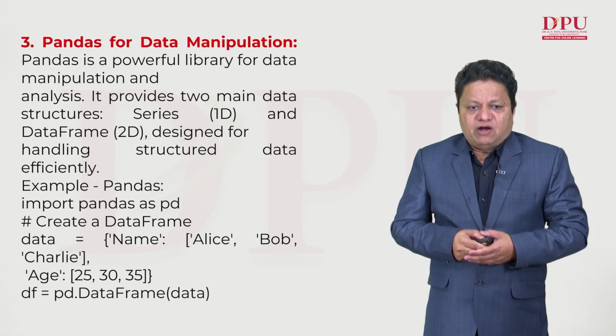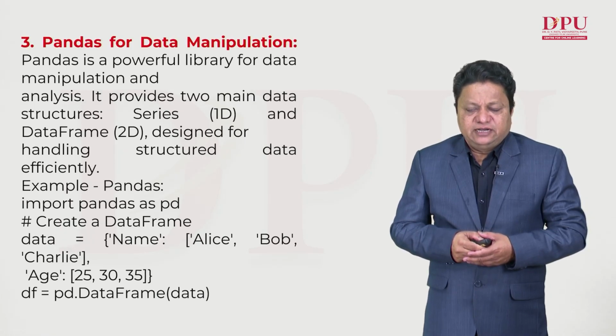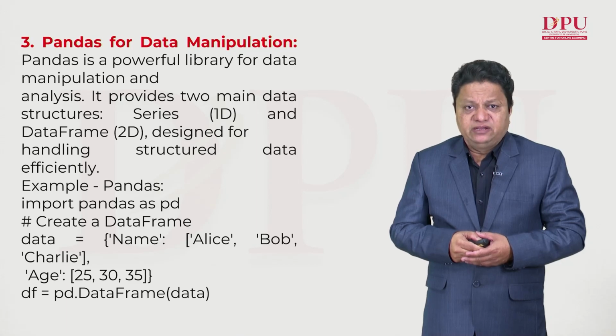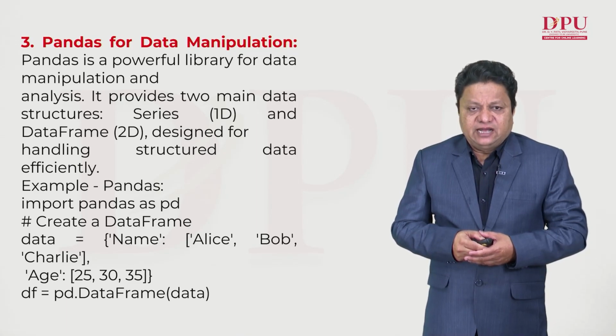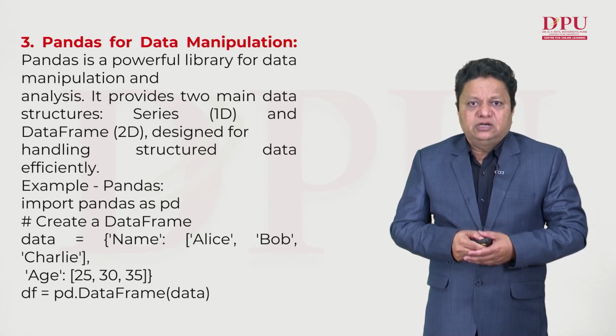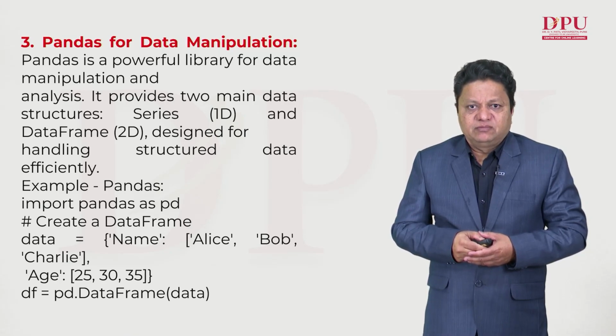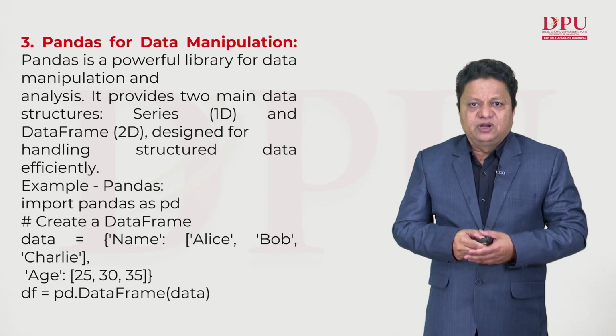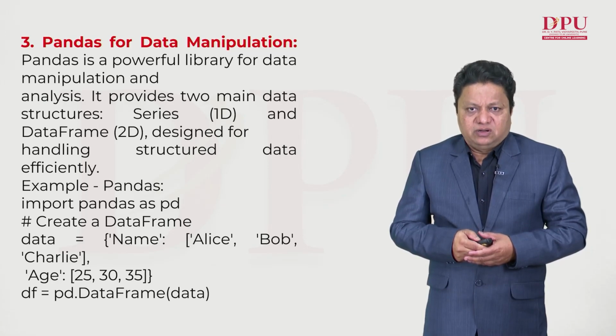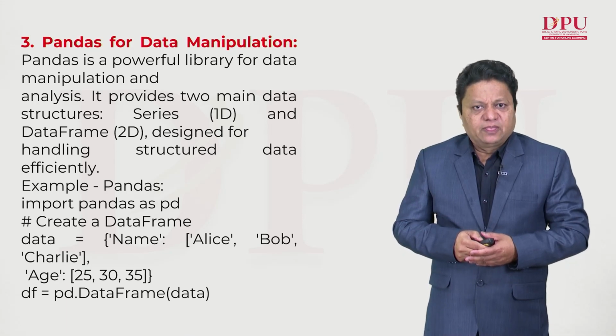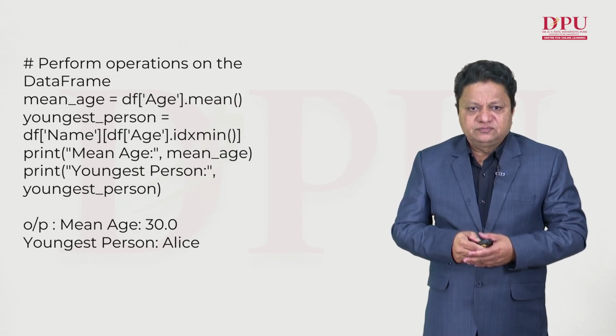After calling the DataFrame function on pd, by providing the argument as data, your dictionary will be converted into a data frame having multiple rows and multiple columns. So, this is one way of creating a data frame from a dictionary.